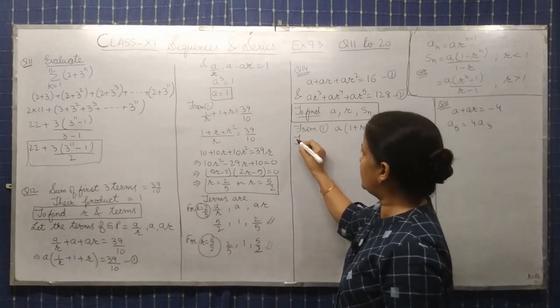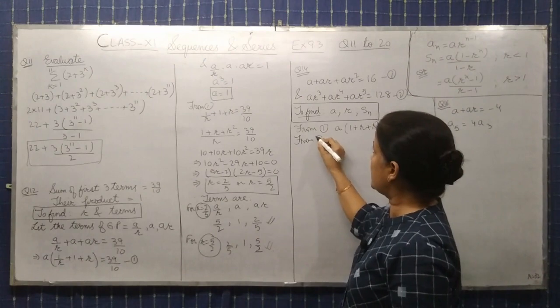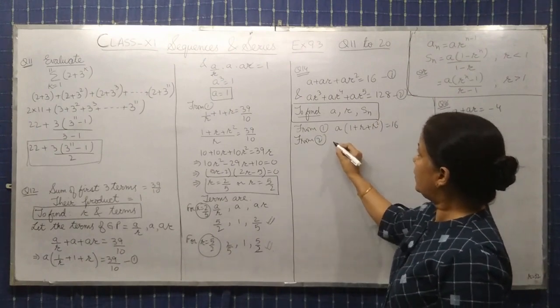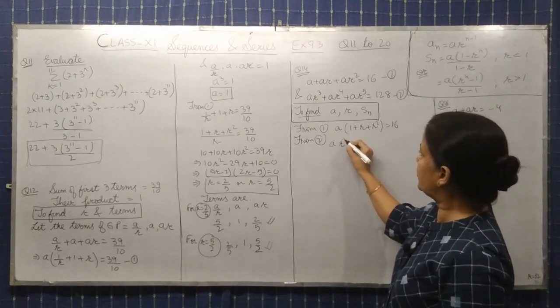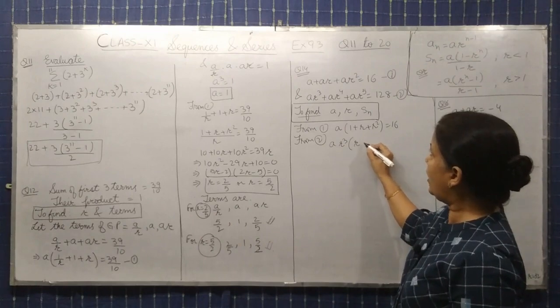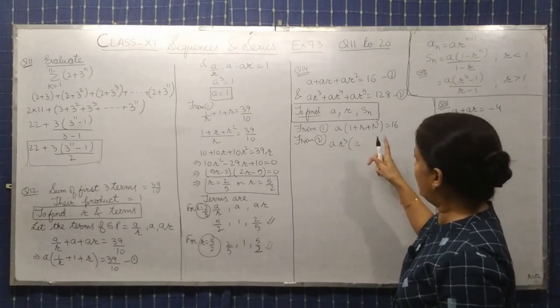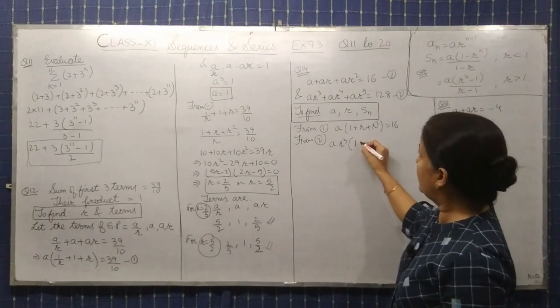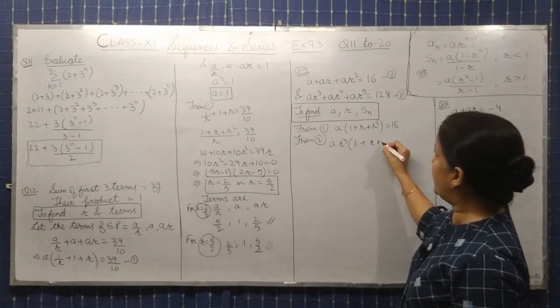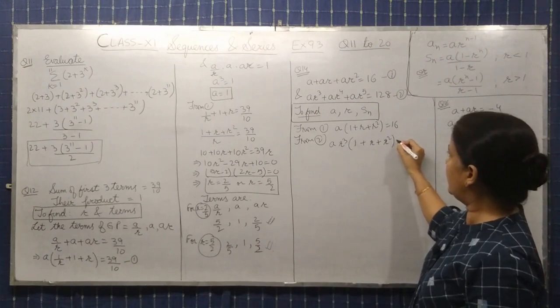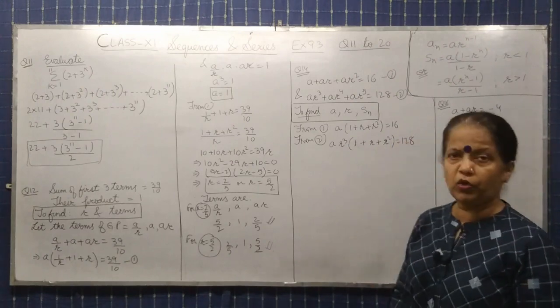Now from the second, take common A R power 3, so 1 plus R square equals 128. So what do you observe?